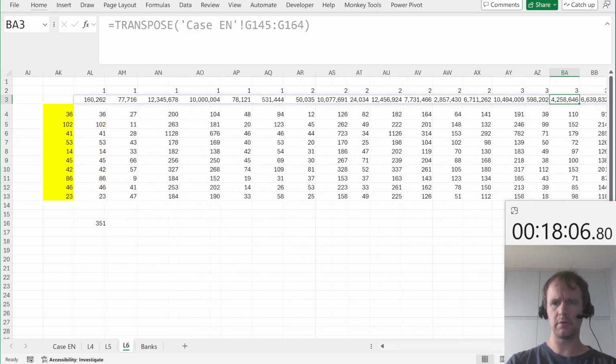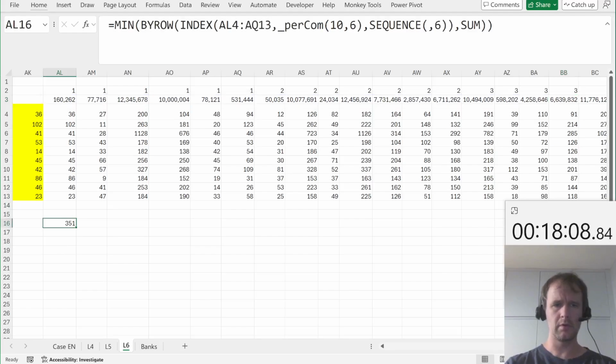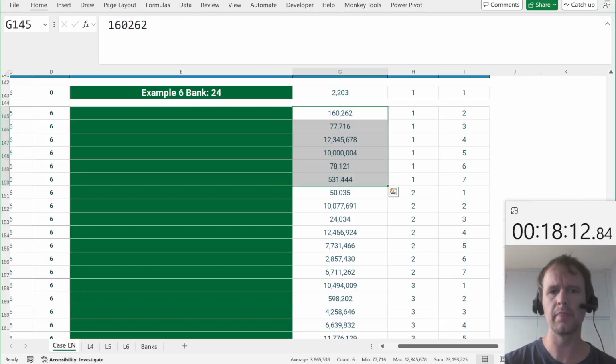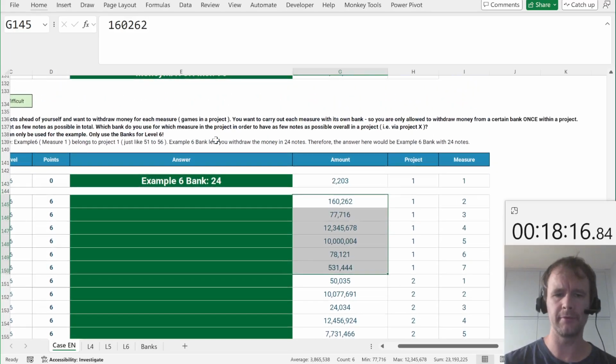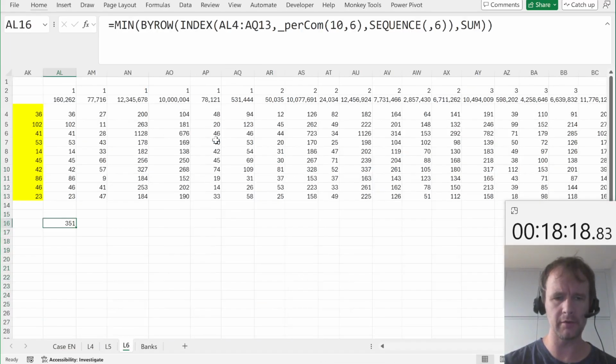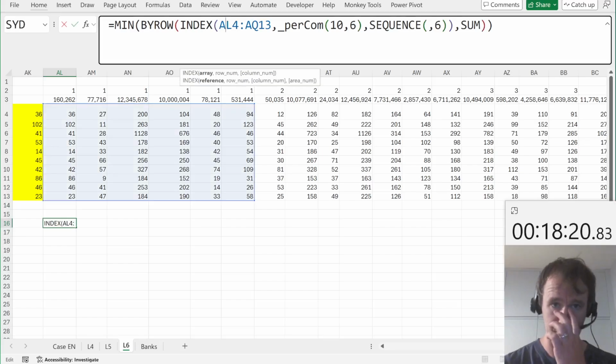Minute, but not too long. Okay, good. And then, oh, wait a second. Right, I have to figure out which bank. Okay, so then I don't just want to return that. I want to return what?